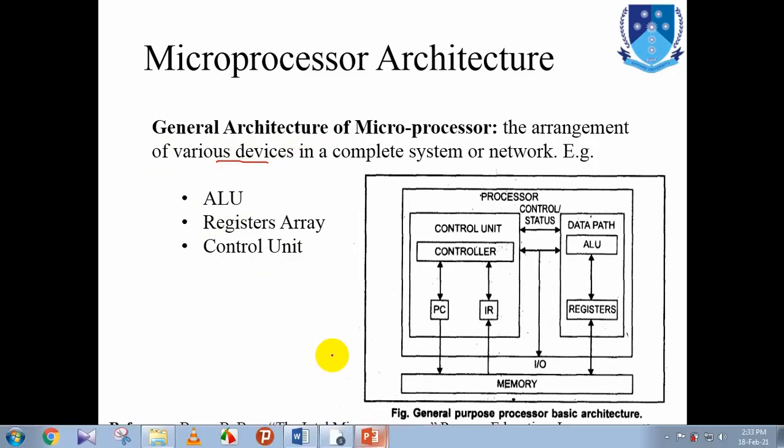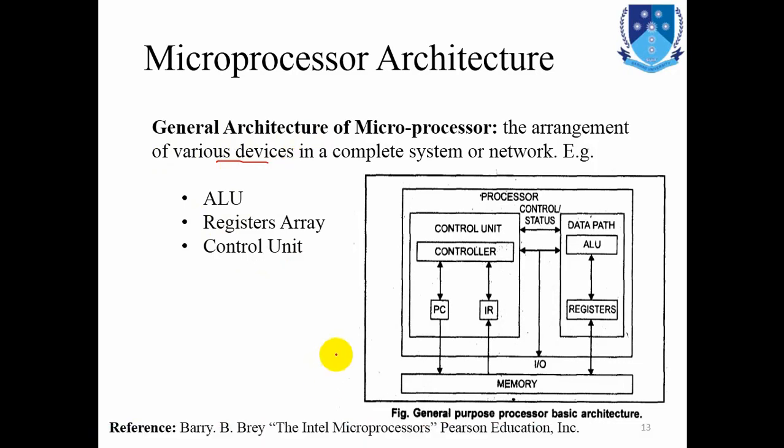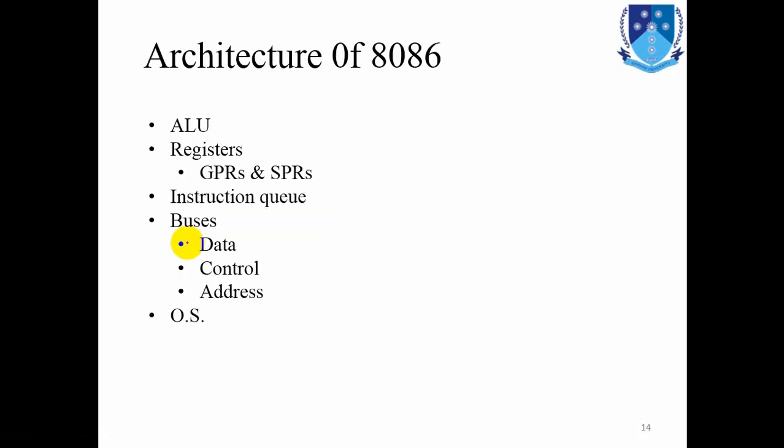For example, the general purpose processor with its basic architecture is shown over here. It comprises an arithmetic logic unit, the register array, the control unit, and many other devices.